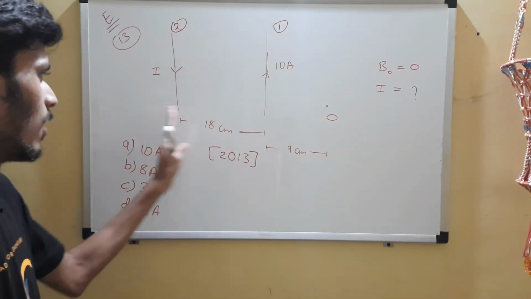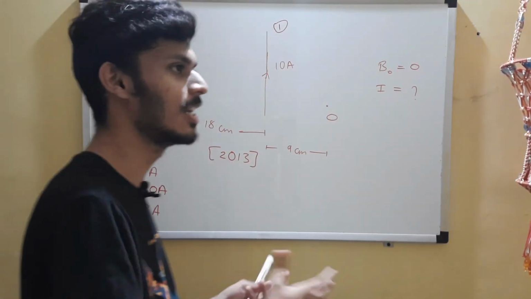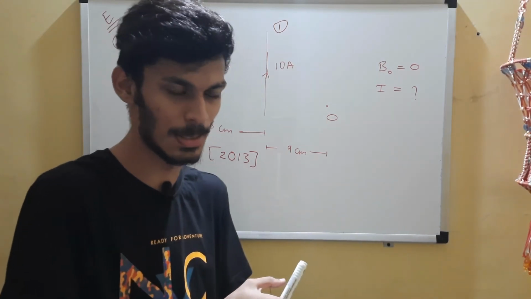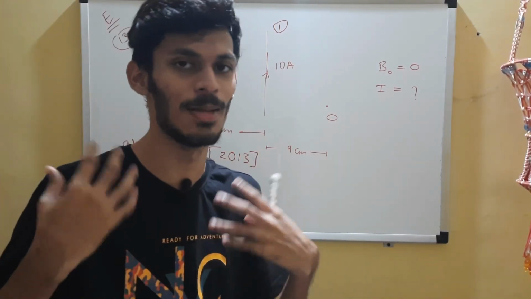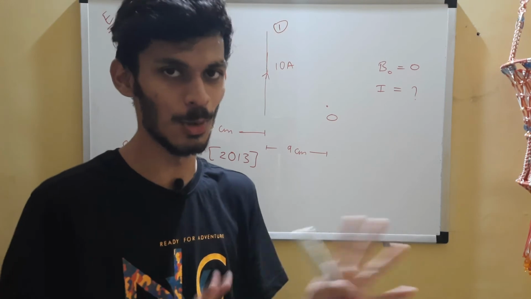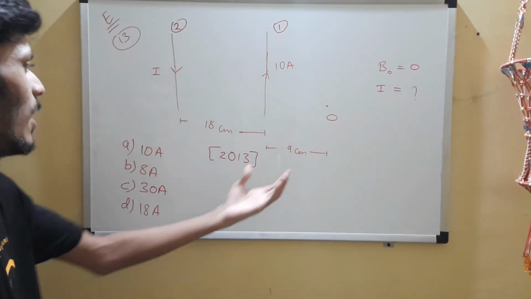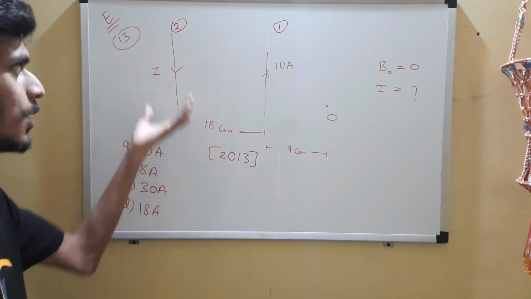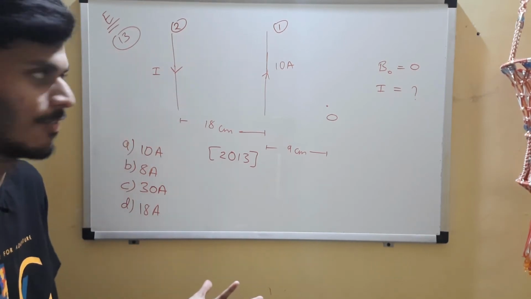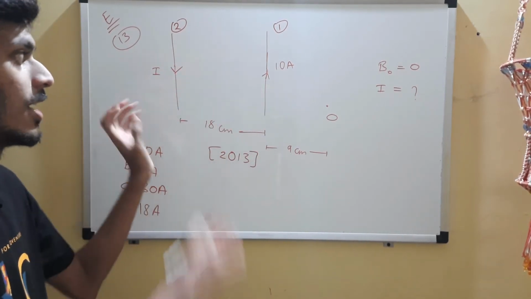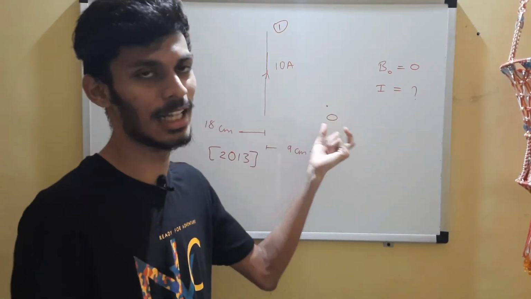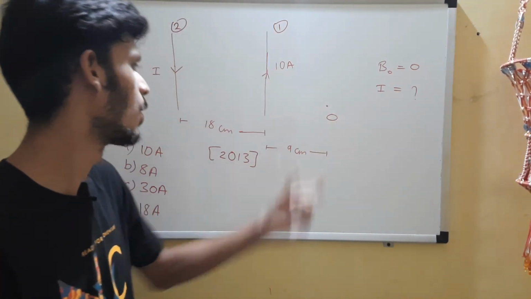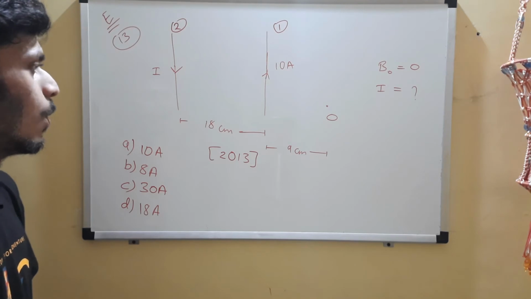Magnetic field is inversely proportional to distance. Even if you are not getting what I'm saying now, you'll be able to do it, just wait for some time. So I said the distance factor is not favoring wire 2, so the current factor should favor it. Current should be more than this wire in order to cancel the magnetic field at point O. Now how to do this?